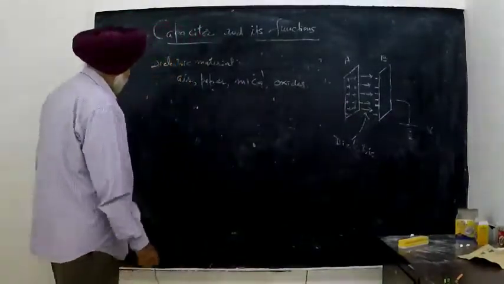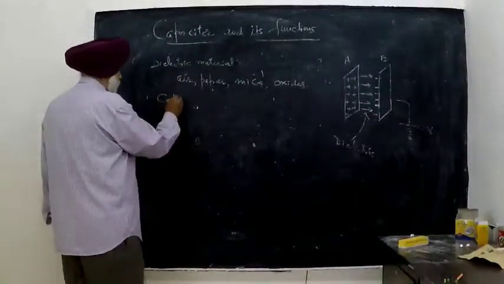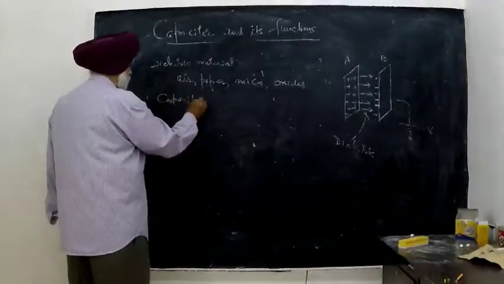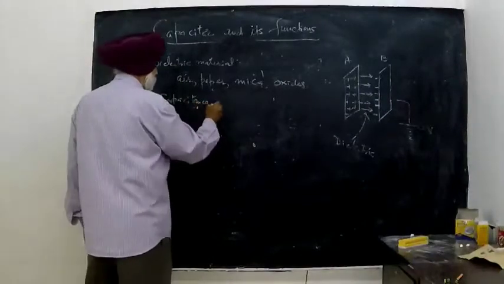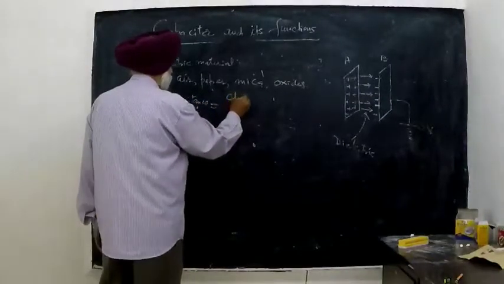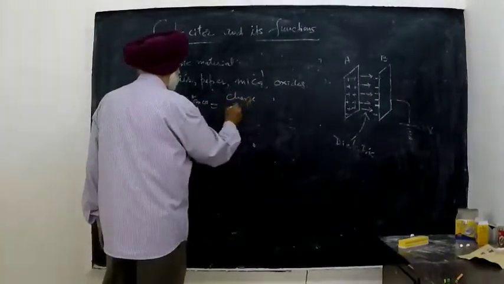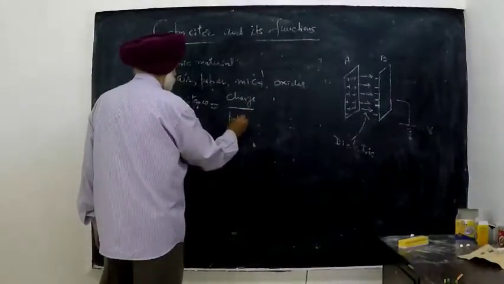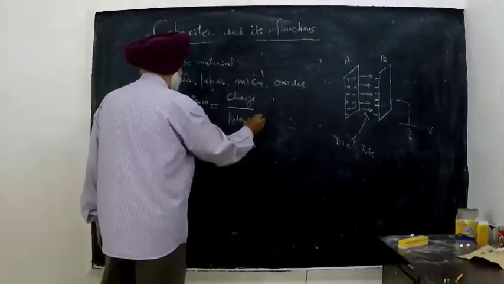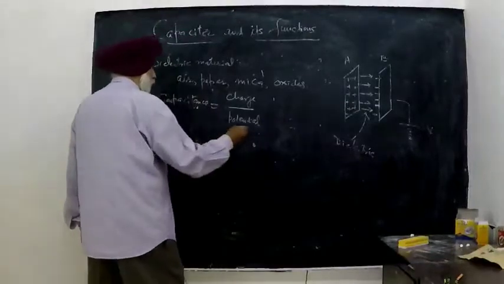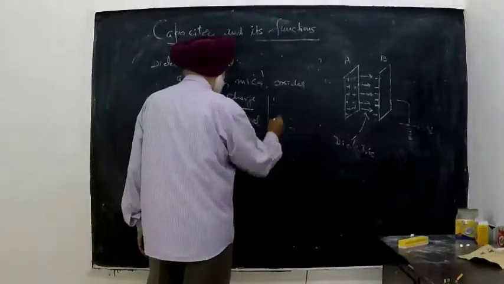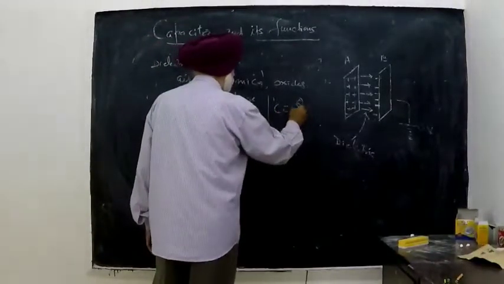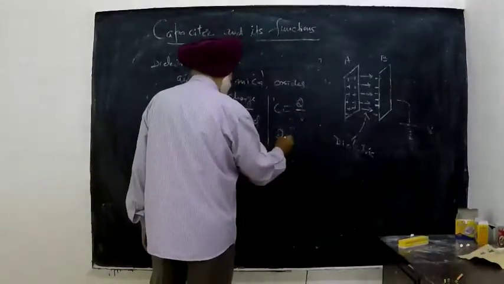As you know that the capacitance of the capacitor is equal to charge divided by potential. That is, C is equal to Q over V, or Q is equal to CV.